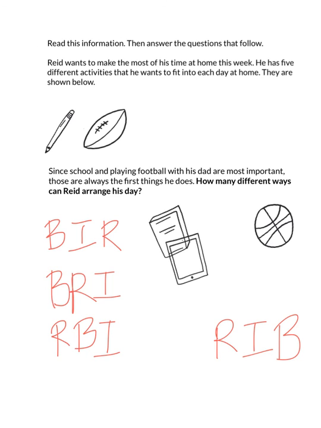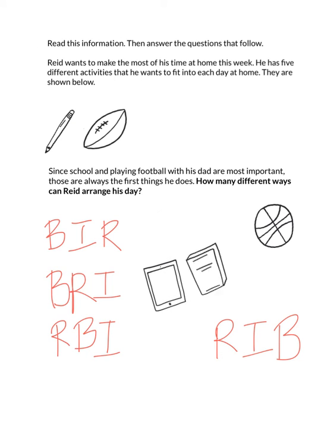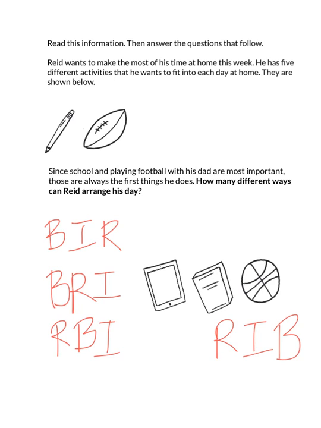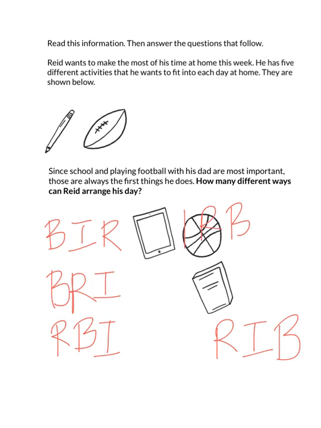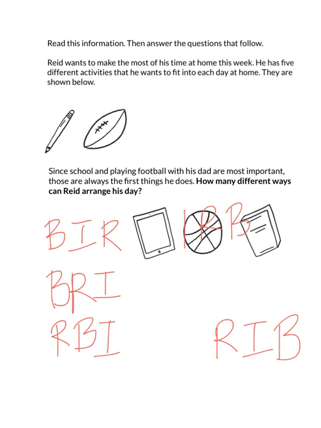Now let's try our iPad first. So we could do iPad, reading, and basketball. I'm going to write that down. iPad, reading, basketball. And then lastly, let's see, iPad, basketball, reading.